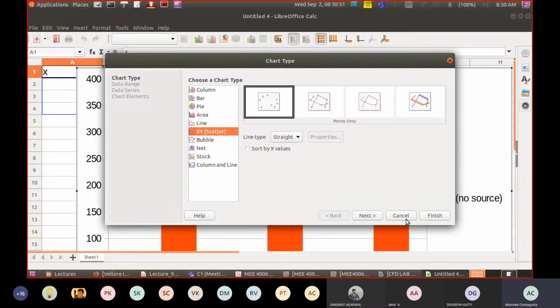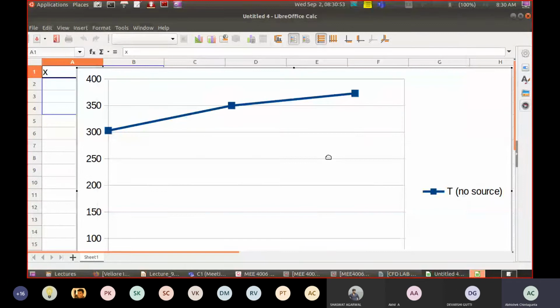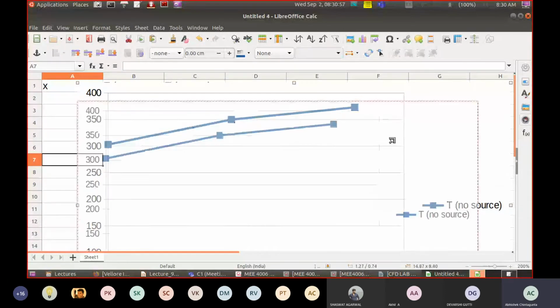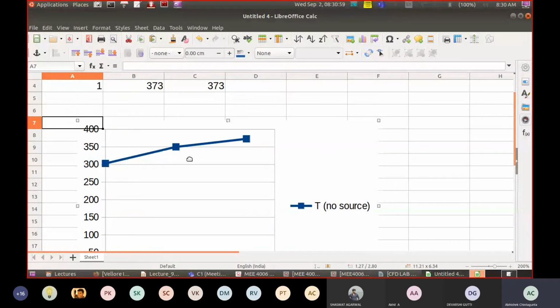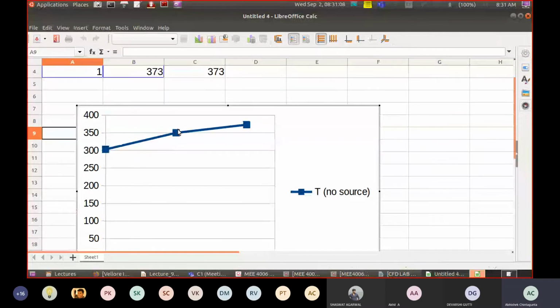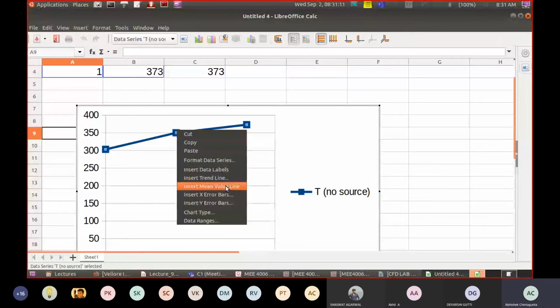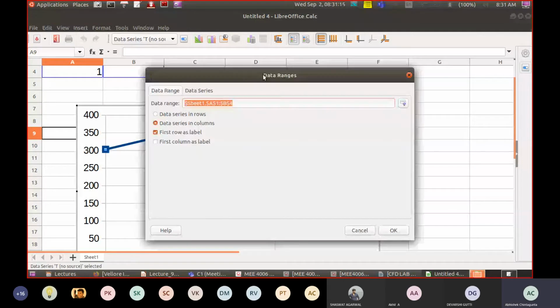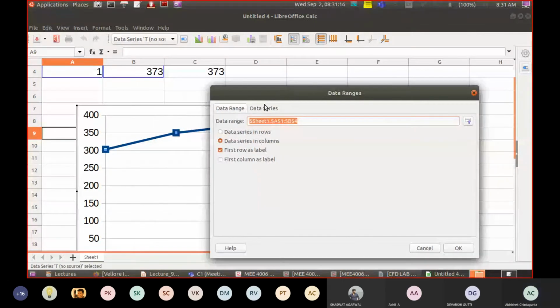Hope you guys know some things about Excel. Insert data range, format data range. I think it's a bit different, but you can add the name of the series, select this to be this, and select data labels.